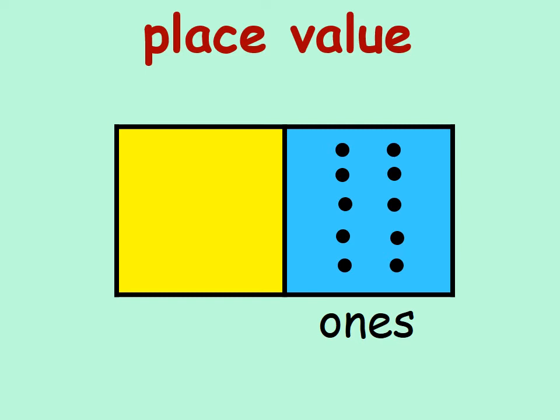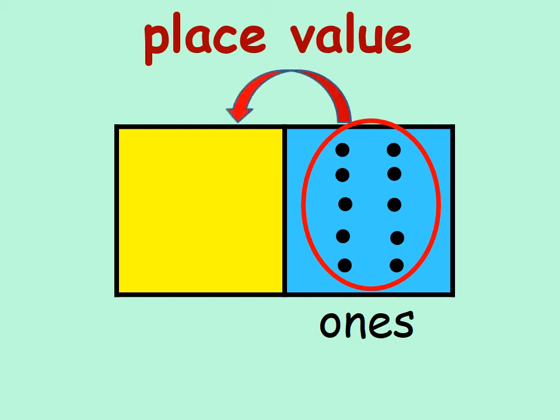So here's how we're going to solve that problem. We've got 10, but we can't have 10 in there. So we're going to move those 10 over to the yellow box. But we're not going to make 10 more dots. We're going to move them into the yellow box, which is the tens column.